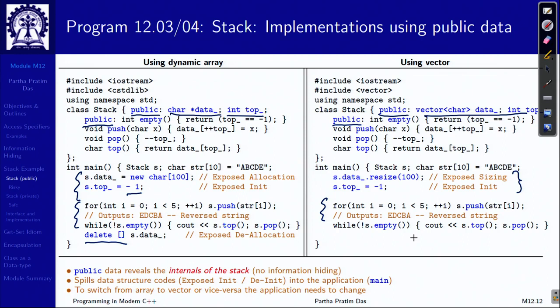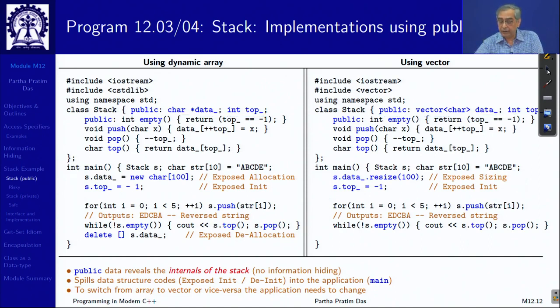So, the public data now reveals the internals of the stack all the time. It is a deep risk, because the programmer who is using this stack class could intentionally or inadvertently change any value in the array. It can change top and the whole concept of stack could disappear altogether.